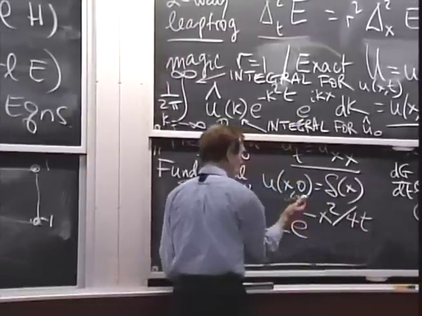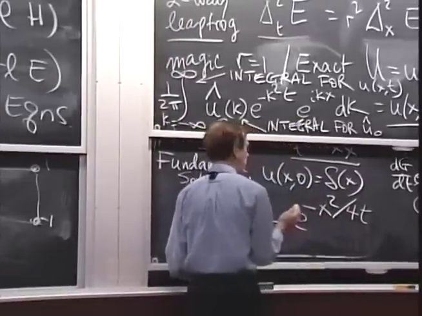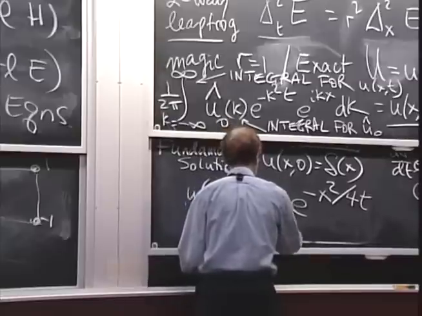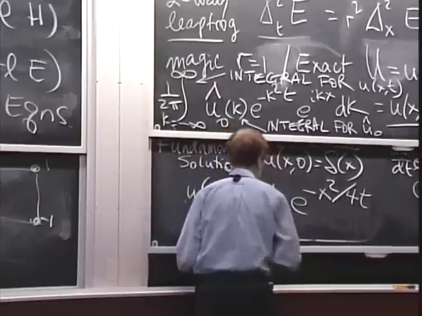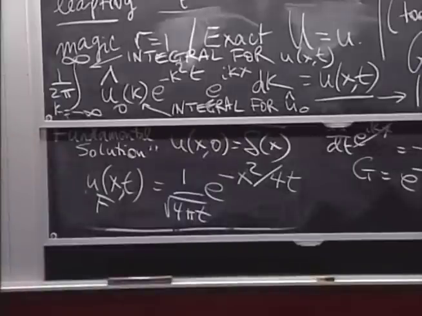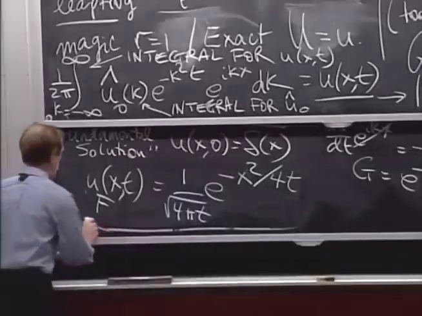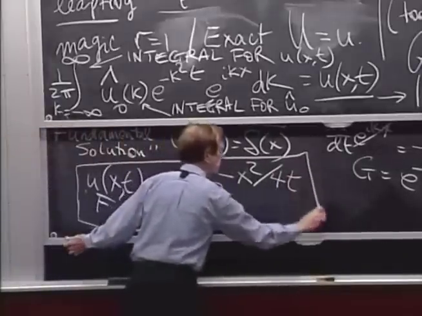This is one integral from minus infinity to infinity that we can do, and it turns out to need 1 over the square root of 4 pi t. That solves the heat equation.